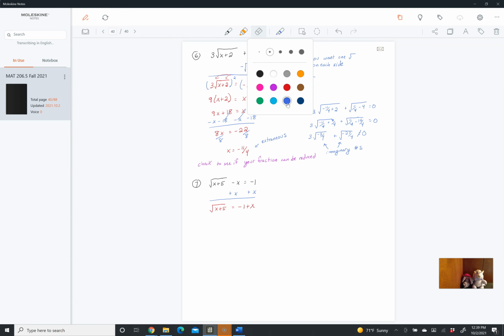We square both sides. So we isolated the radical, now we're squaring. Now when we square this, on the left we get x plus 5. On the right, this is the same thing as x minus 1. So actually I'm going to rewrite this as x minus 1 because I think it's going to be clearer.